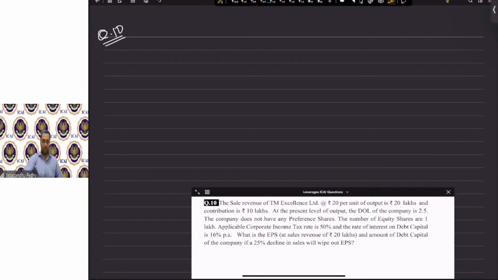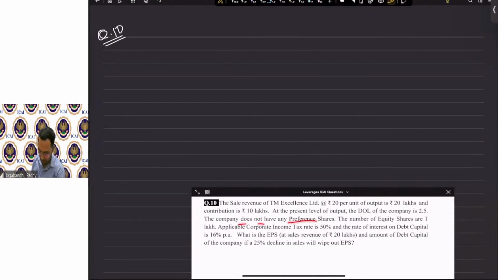Well, question 10. The sale revenue of TM Excellence Limited at rupees 20 per unit of output is 20 lakhs and contribution is 10 lakhs. At the present level of sales, degree of operating leverage of the company is 2.5.